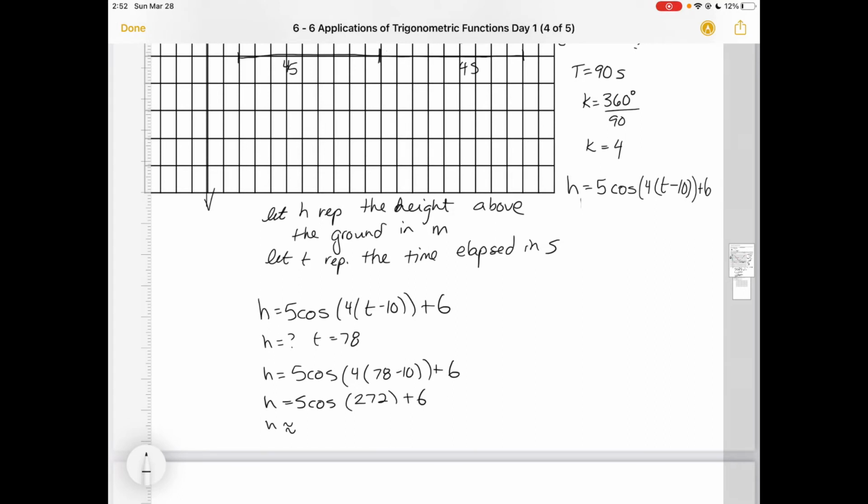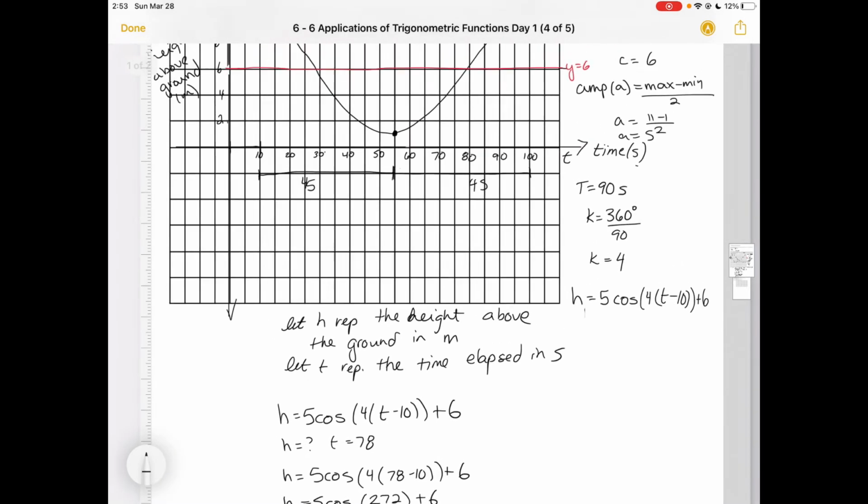Let's check on my calculator. So I'm working in degrees, and I've got 5 cosine 272, and then plus 6 is going to give me about 6.17 meters above the ground.